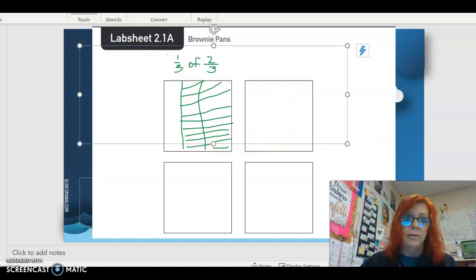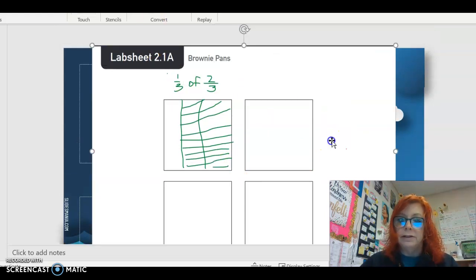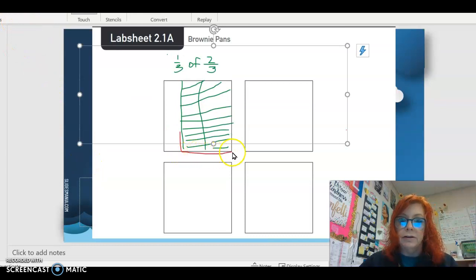All right, so hopefully what you found was, I'm going to delete this box, it's driving me nuts. Hopefully what you talked about was you're going to divide this whole tray that's left here into thirds. So there's a third, there's a third, and there's a third.